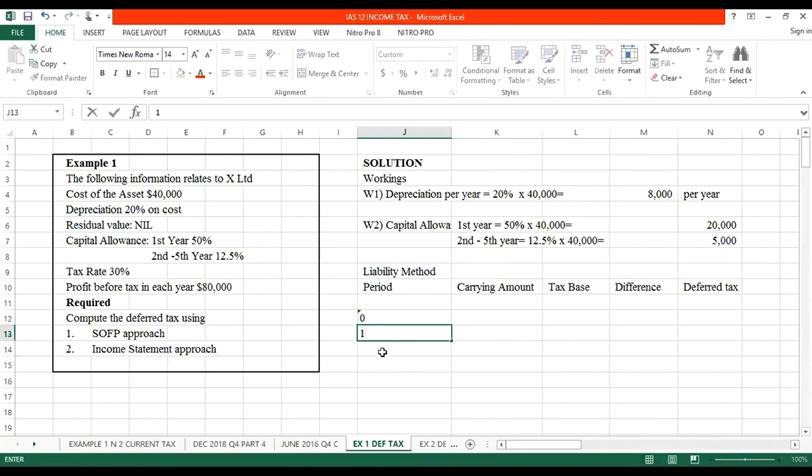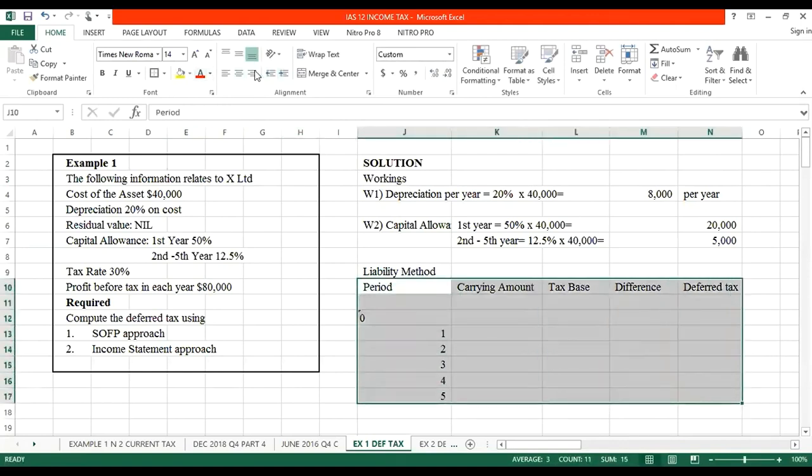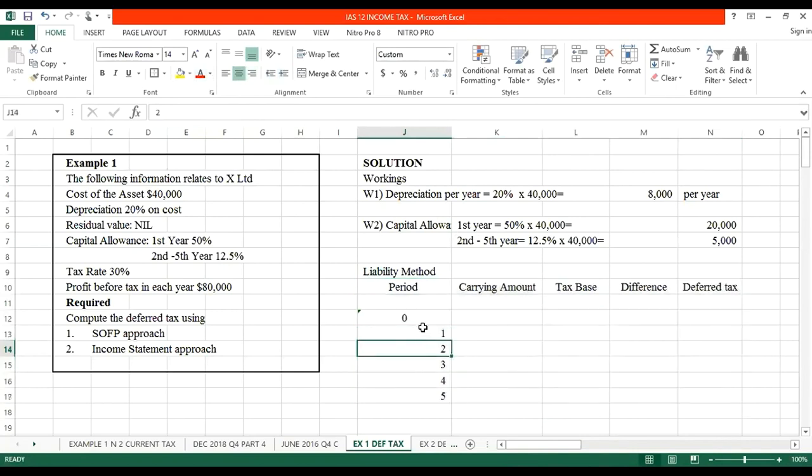Next year 1, year 2, year 3, year 4, and year 5. So those are our periods, those are our years.